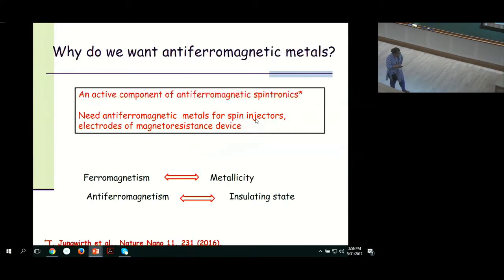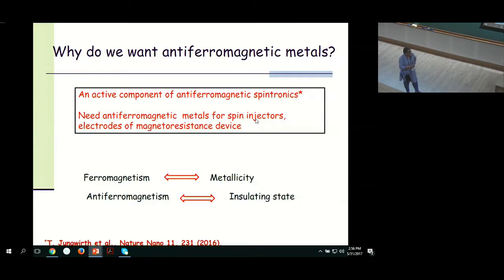Now, since the nesting mechanism seems to be playing a very important role in the insulating state, let's see whether this magnetism survives when we are carrier doping this limit. There's also a lot of recent interest in this class of materials, which could be active components for antiferromagnetic spintronics.